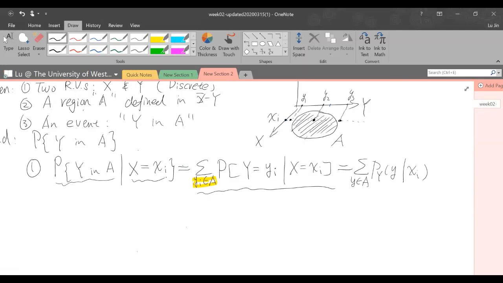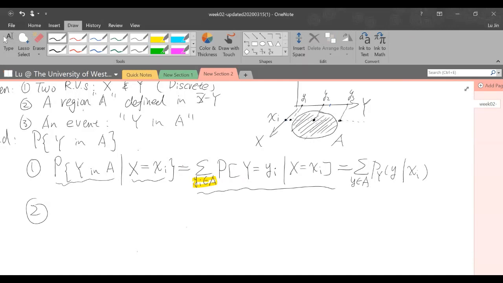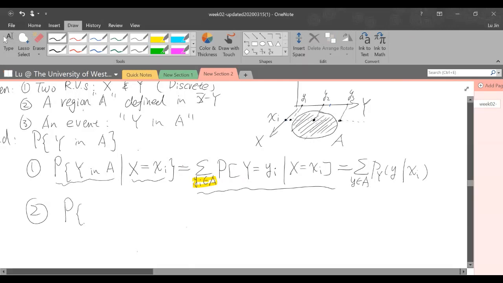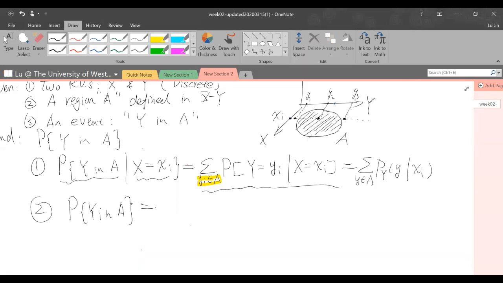But actually, the x value is not fixed. So now we have to introduce the second step. Now we are going to observe the effect of different values of x. In this case, we are evaluating the final target: what is the probability that y is falling into the region A? We just need to use what we have learned regarding calculating the joint probability by using the conditional probability from lecture 1.